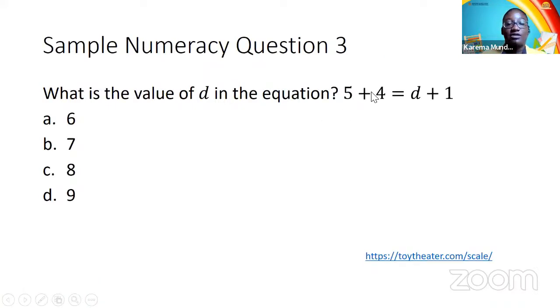All right, so this question reads, what is the value of D in the equation? And we have 5 and 4 being added together, and that's equal to D and 1 being added together. And the question, of course, reads, what's the value of D?